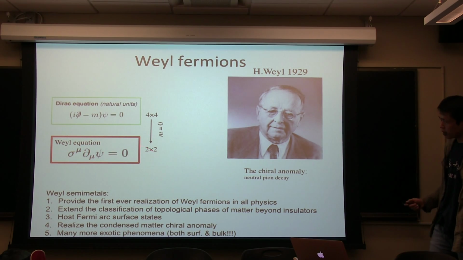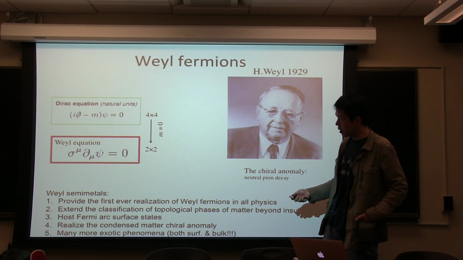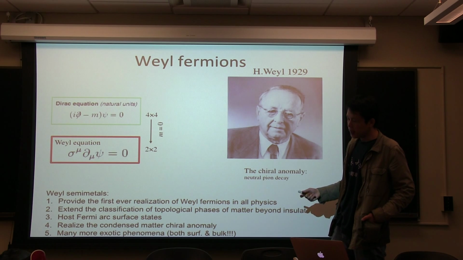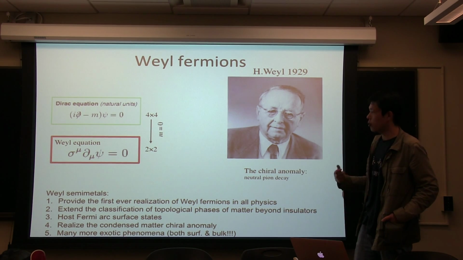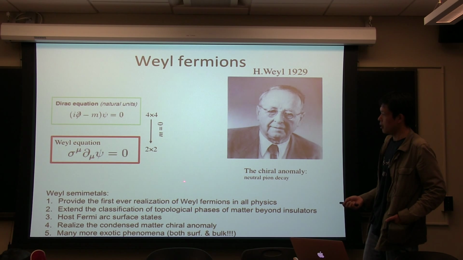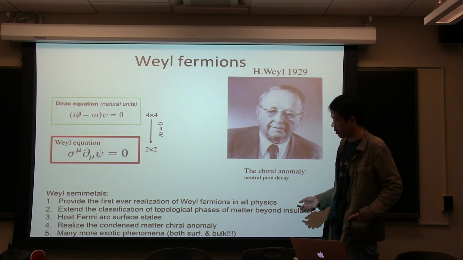Solving that equation gives you a 2-component massless fermionic particle that has a definite chirality, either left-handed or right-handed. That is the Weyl fermion.